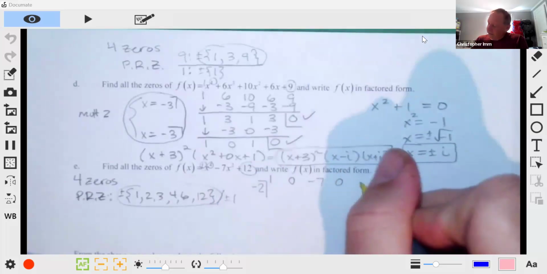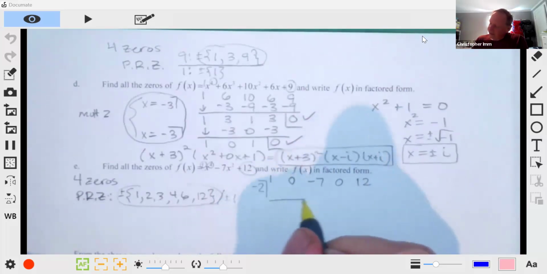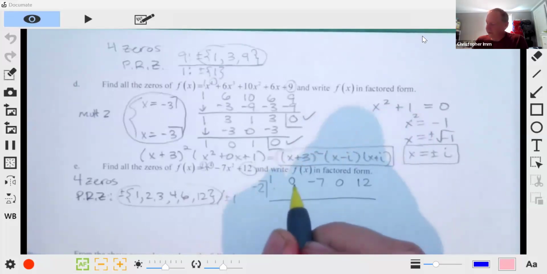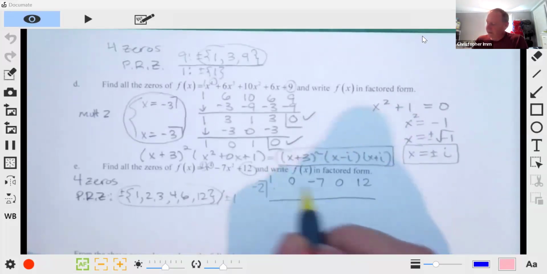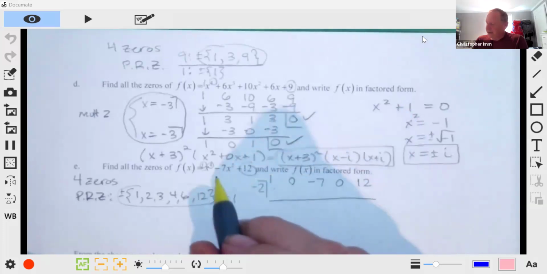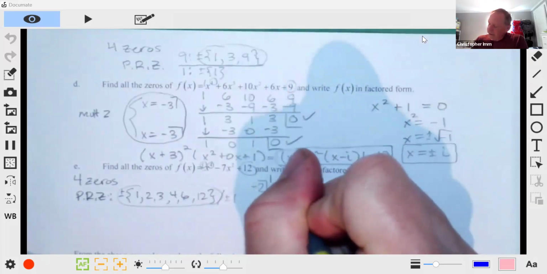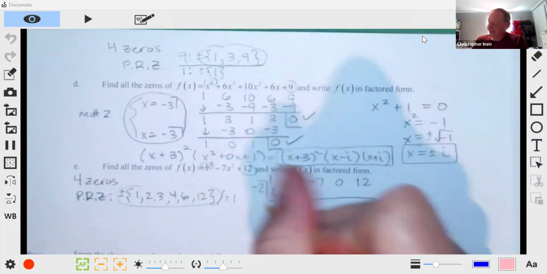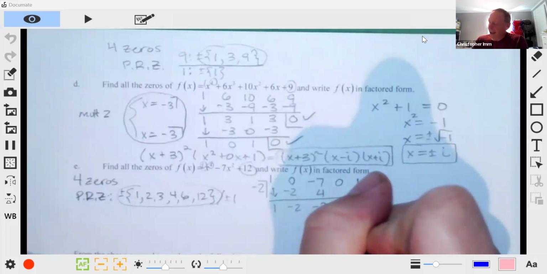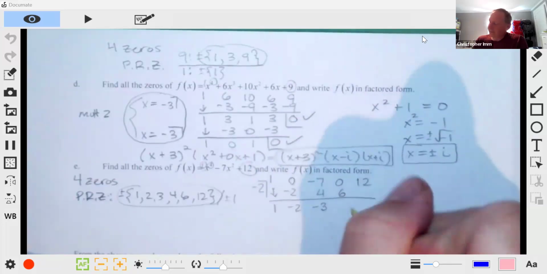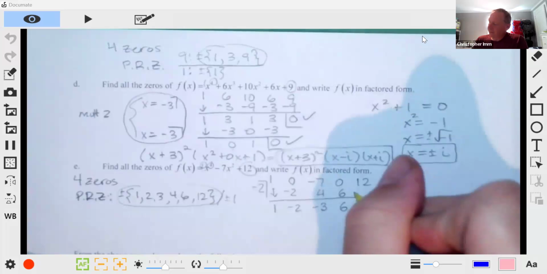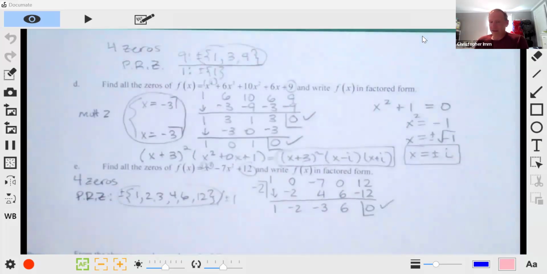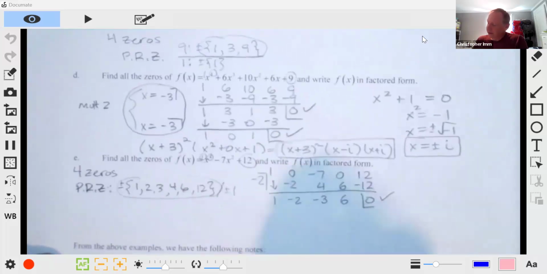I have a 12. So these are the coefficients. I have to be really careful to include x cubed and x because I don't have any here. So I'm going to push down my 1, multiply, add, multiply, add, multiply, add, multiply, and add. So yep, x equals -2 is going to work.